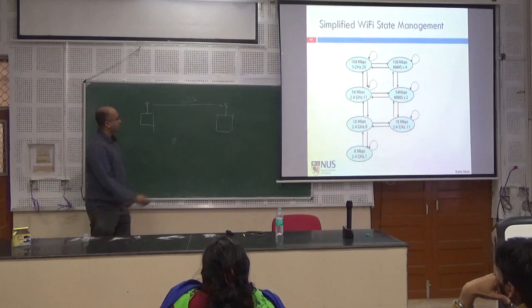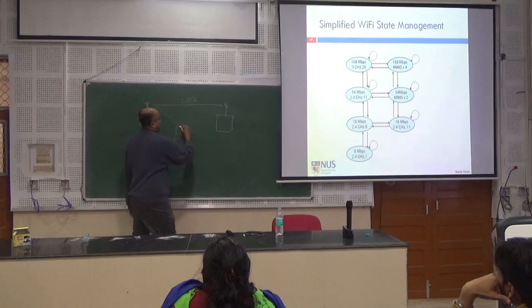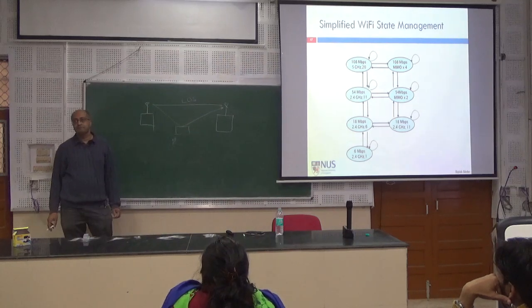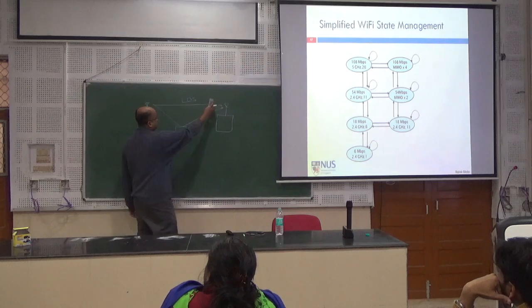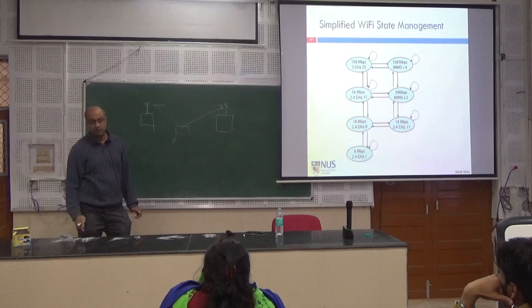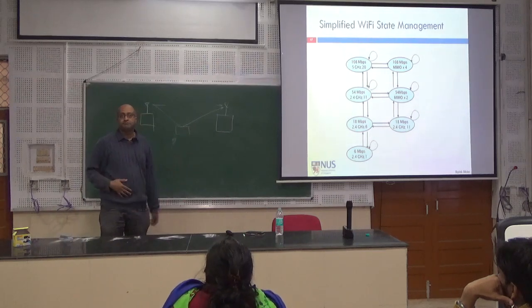In addition, some of your rays may hit another building here, let's say, get bounced off, and then reach like this. This one is non-line of sight. In many cases, you may not have any line of sight at all. It's just non-line of sight. Imagine you are inside a building.